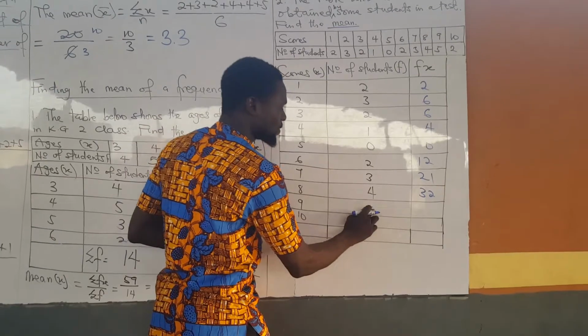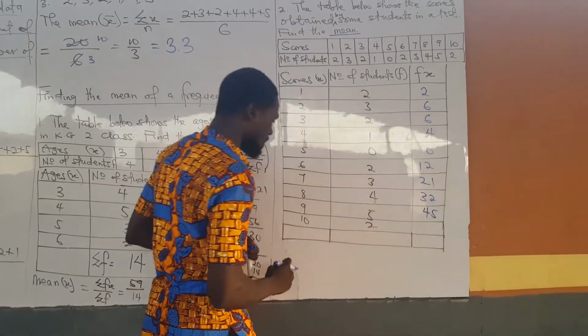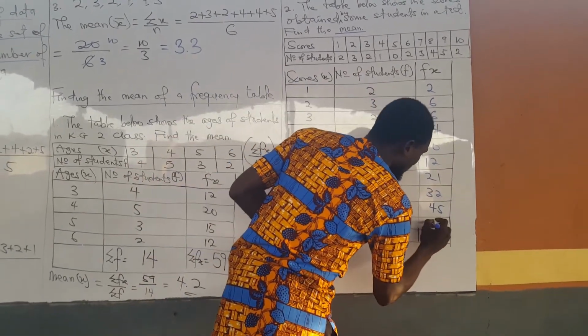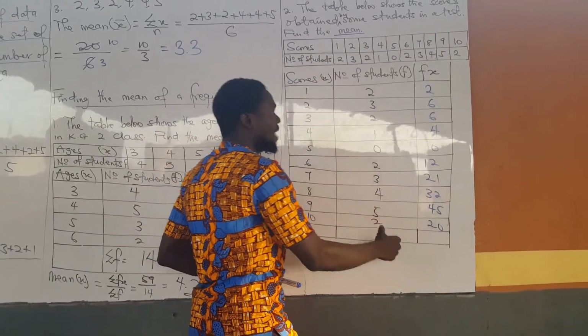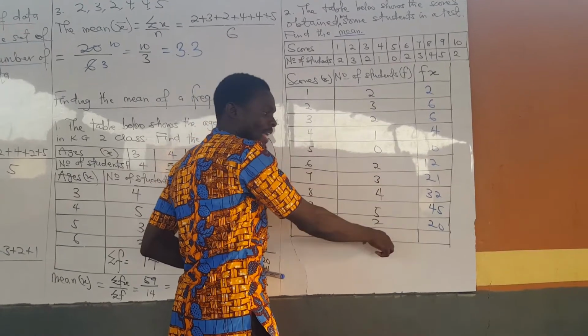And 9 times 5 is 45. 10 times 2 is 20. So these are the Fx values and these are the F values.